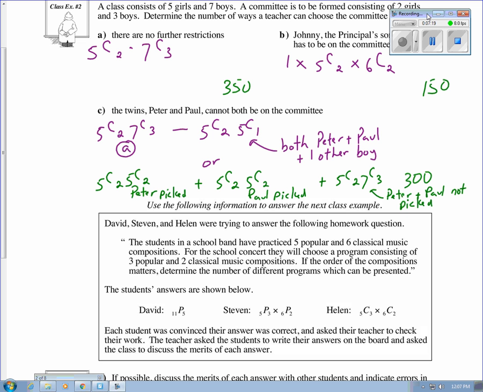And that gives me 300 as well. Caught my group number not being reduced there. I only have 5 girls to choose from. 5 girls choose 2, but I'm down to only 5 boys because I can't have Peter or Paul, and I must select 3 of them.